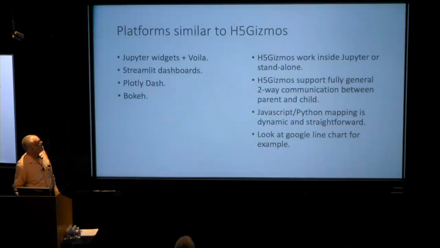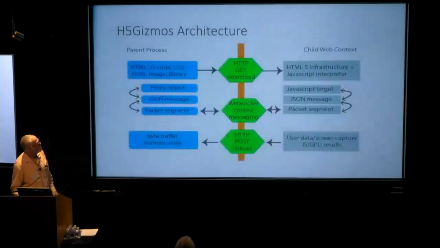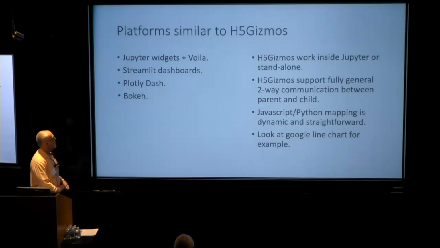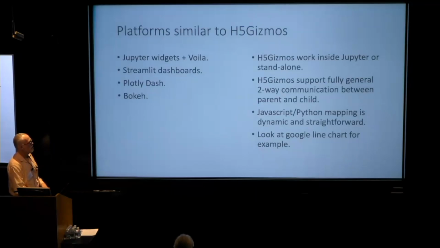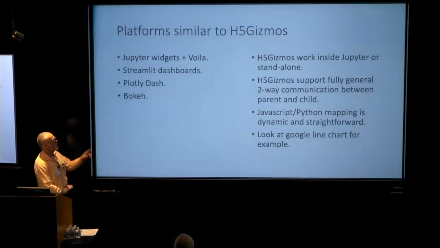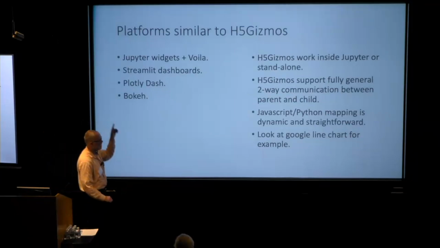This is similar to some other things that are out there, for example Jupyter widgets, or Streamlit, or Plotly, or Bokeh. The biggest difference is probably that the JavaScript interface for the H5 gizmos is much simpler than any of these.